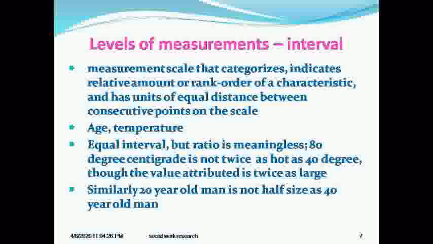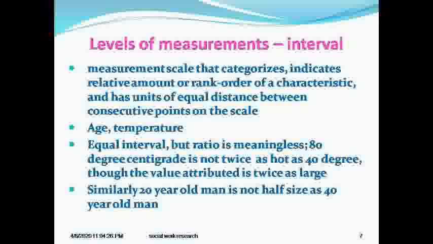Now the third level of measurement, that is interval. Interval level of measurement is a measurement scale that categorizes, indicates relative amount or rank order of a characteristic, and has units of equal distance between consecutive points on the scale. Examples are age and temperature.